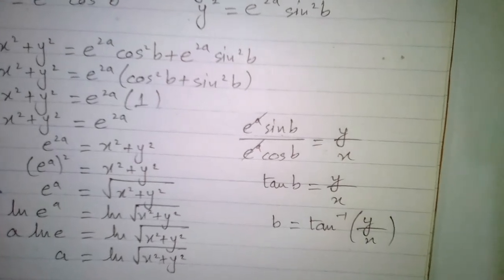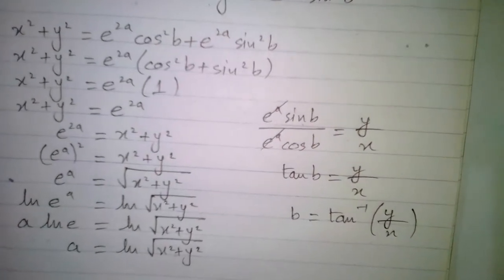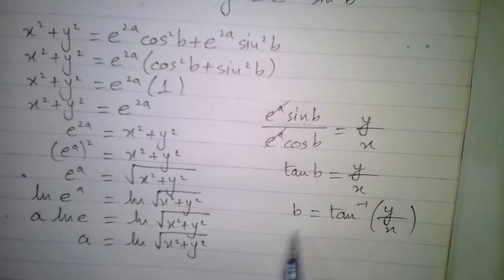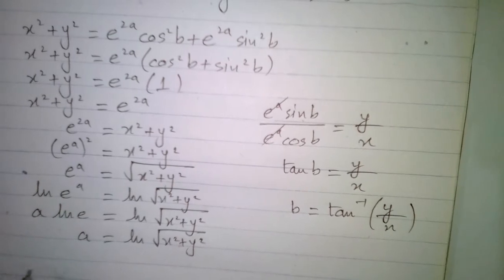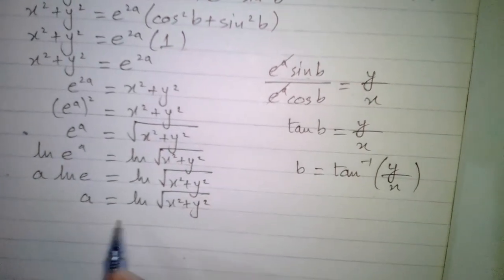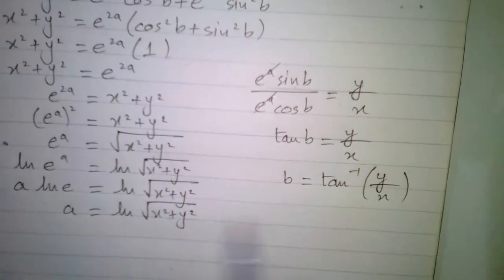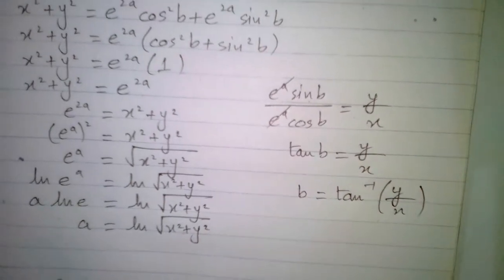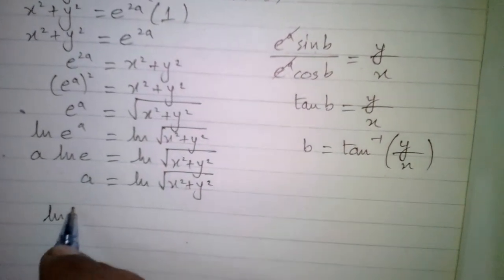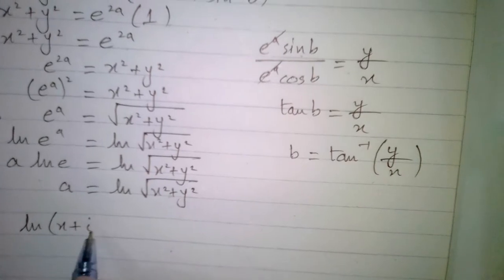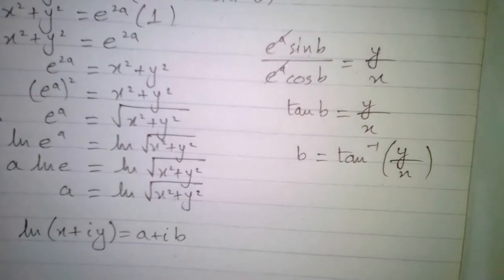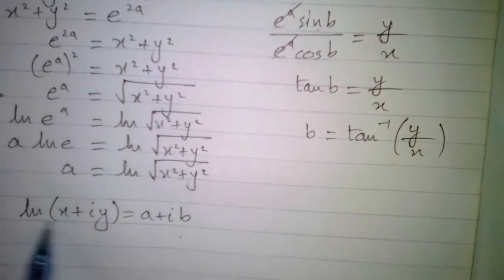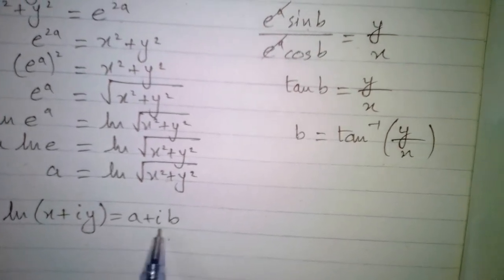So we have the values of a and b, and a is the real part of the complex number and b is the imaginary part of the complex number. So what we have supposed above, that x plus iota y is equal to a plus iota b, that log of a complex number is again a complex number.